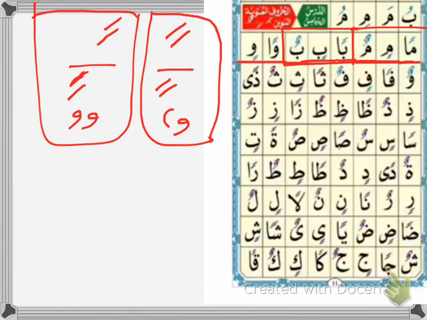Next, we'll take the waw, which is the name of the letter waw. We say واو فتحتين ون، واو كسرتين ون، واو ضمتين ون. When we have فتحتين, we add this alif.